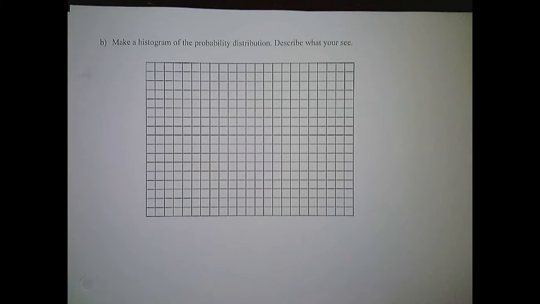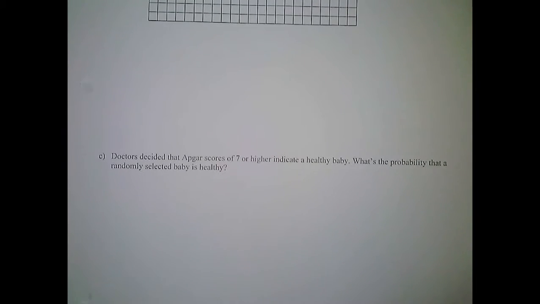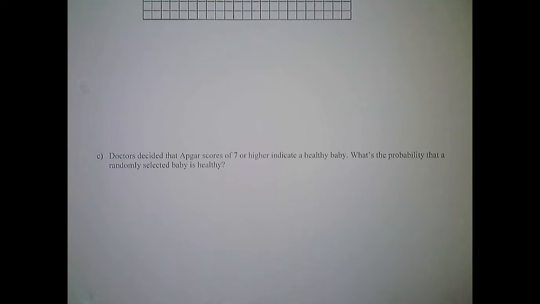Remember from before, when we're describing the distribution of a histogram, we want to discuss the SOCS: shape, outliers, center, and spread. And then in part C, it says that the doctors decided that an Apgar score of 7 or higher indicates a healthy baby. We want to know, what is the probability that a randomly selected baby will be healthy? So what is the probability that a randomly selected baby will have an Apgar score of 7 or higher?